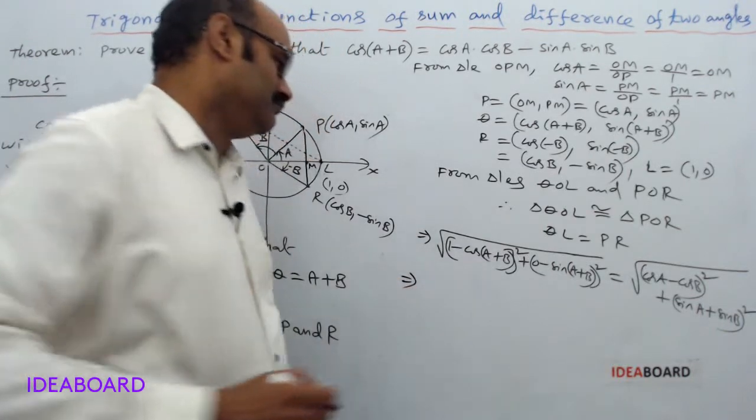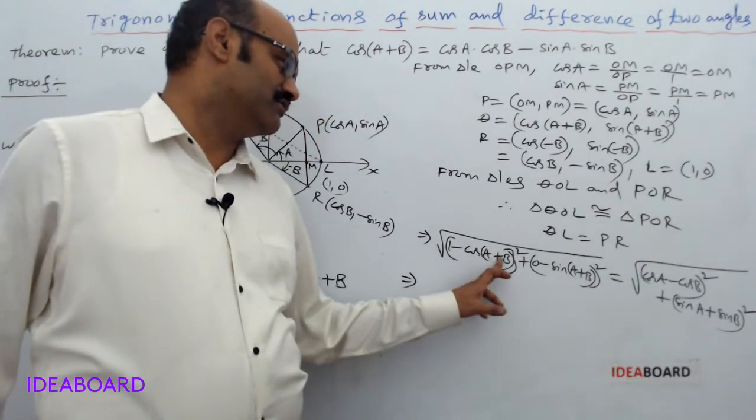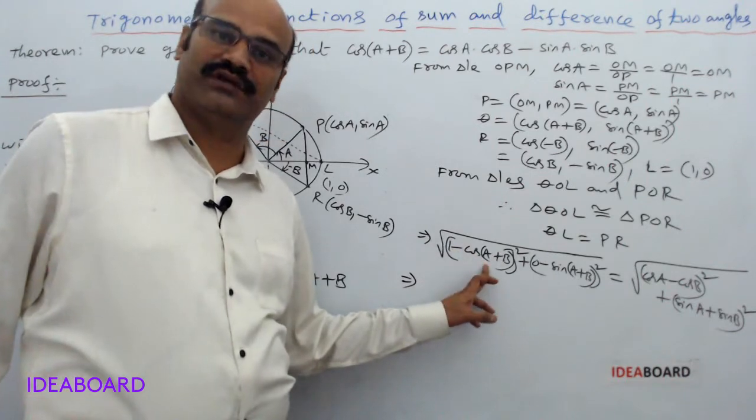Now we have the formula (A minus B) whole square equals A square plus B square minus 2AB.